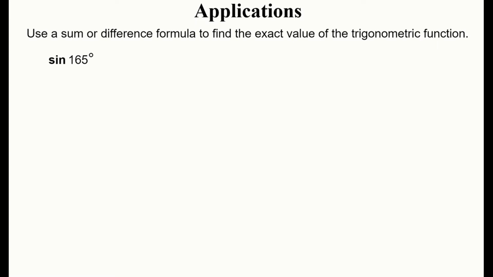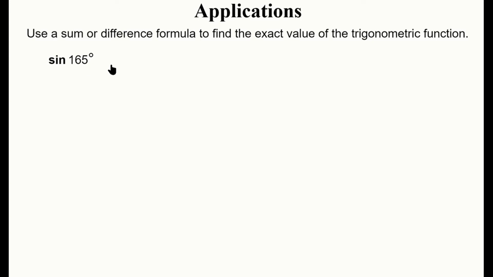So let's go ahead and look at some applications of all these formulas and identities that we just found. In this case, we want to find the exact value for the sine of 165.